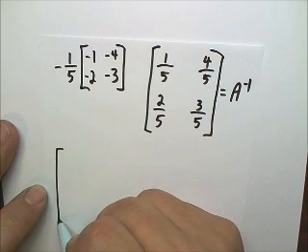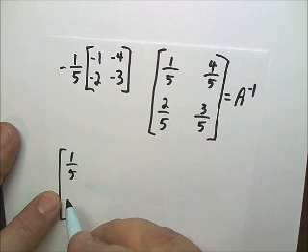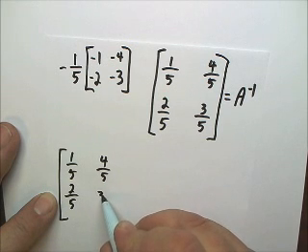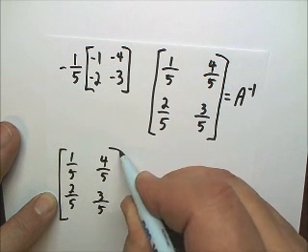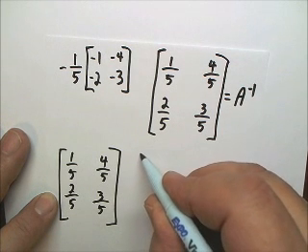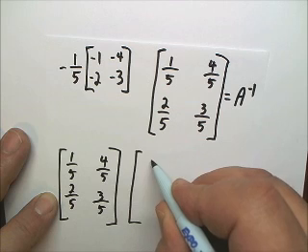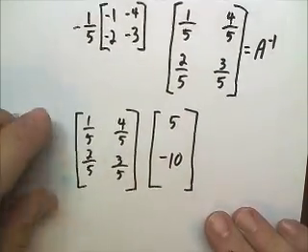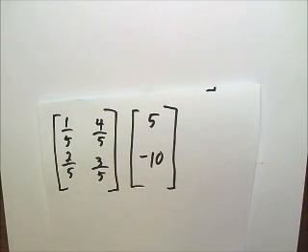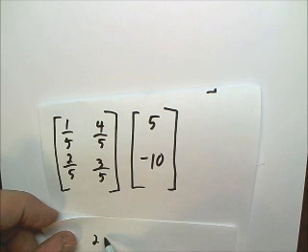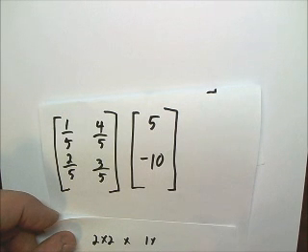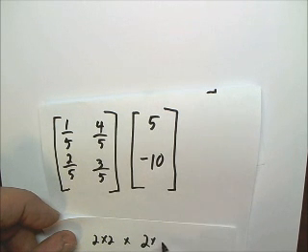So 1/5, 2/5, 4/5, 3/5 times 5, -10. Okay, so we have a 2 by 2 matrix times a matrix with 2 rows, 1 column.